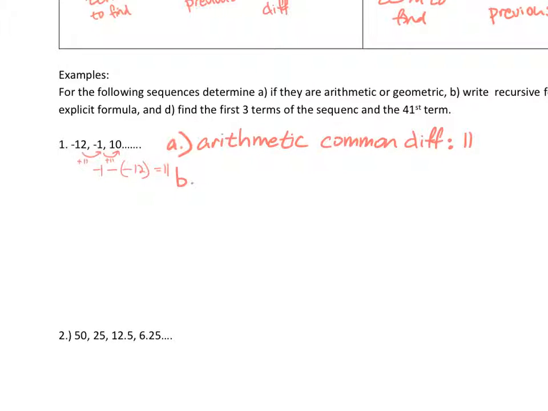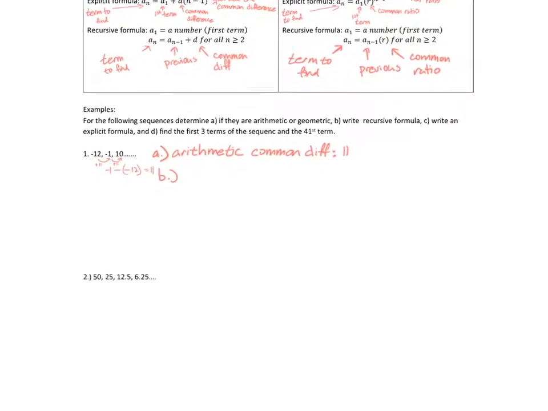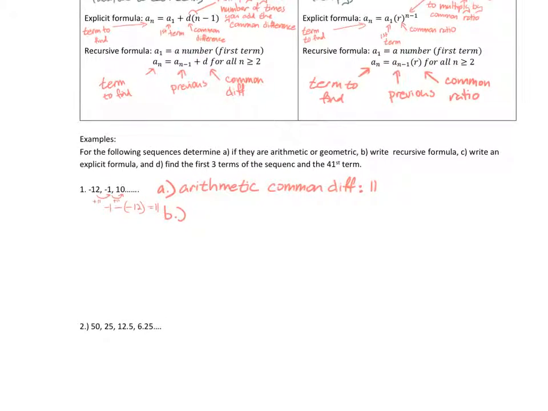All right, so part B says write the recursive formula. So the recursive formula is the one that I said was easier to write because you take the first term, so A sub 1 is our first term, and we're given that. We can see that it's negative 12. And then we know, okay, you just take the previous term and you add 11 each time. So that means take any term, take the previous term.